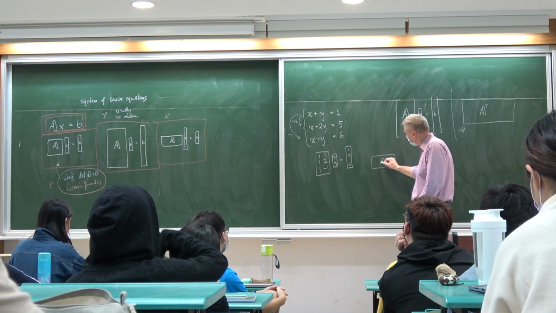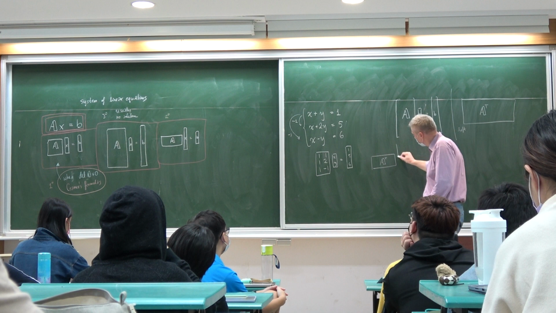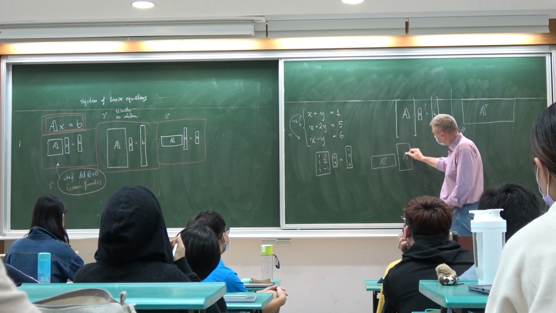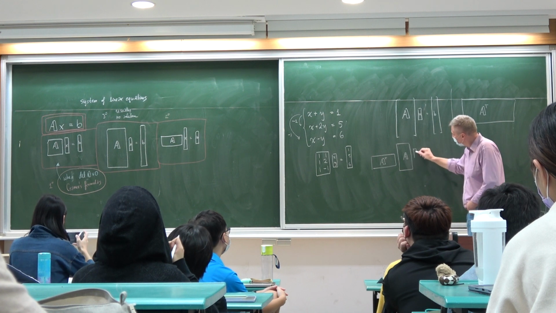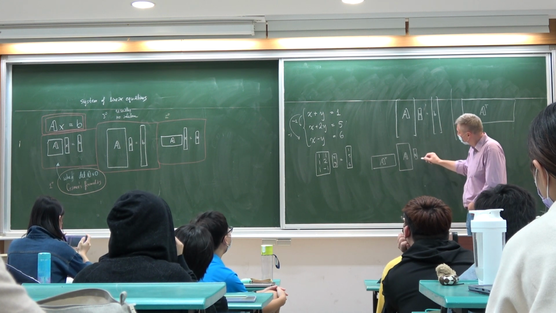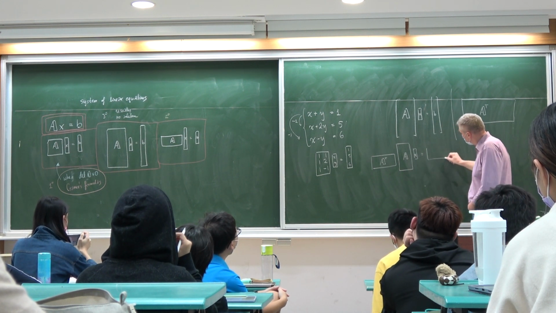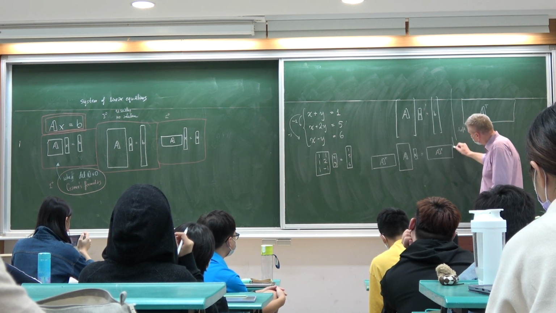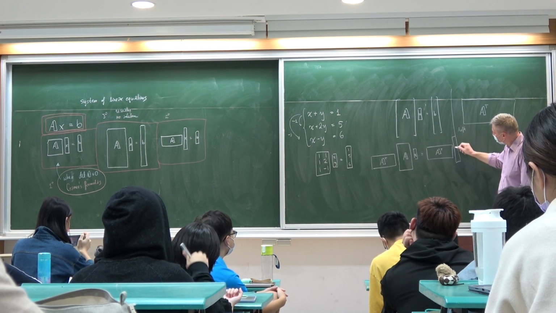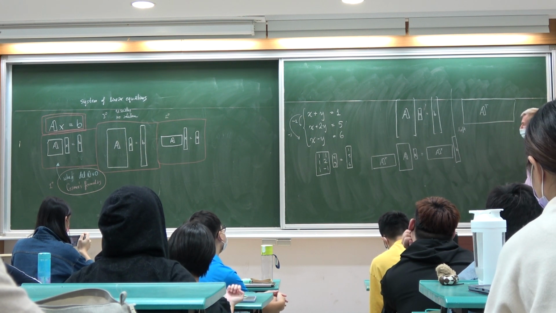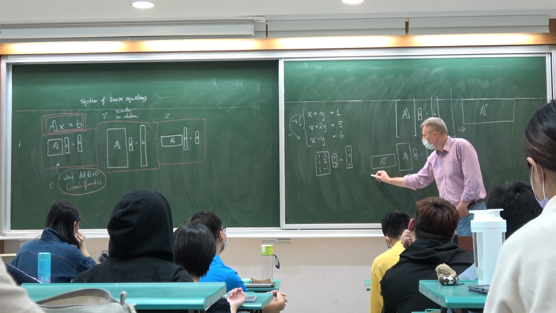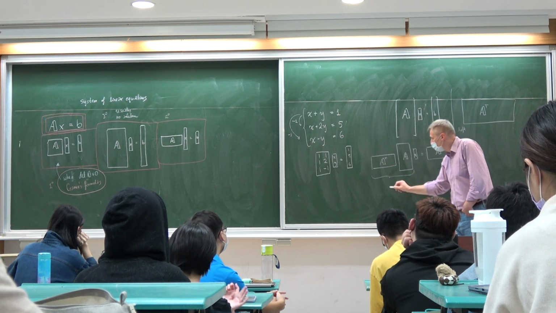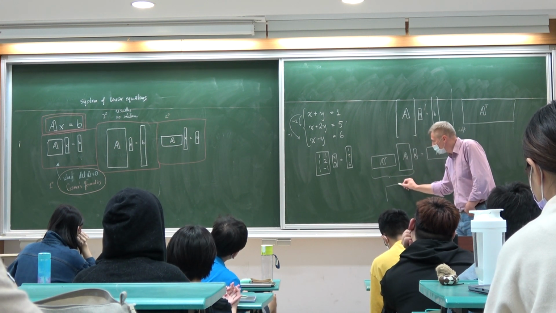A transpose times the matrix A times the vector x equal A transpose times the vector B. Now, if you multiply these two matrices together, you get a matrix that is square.